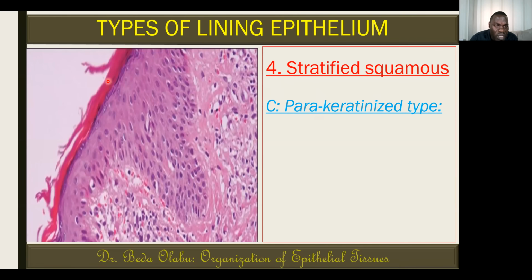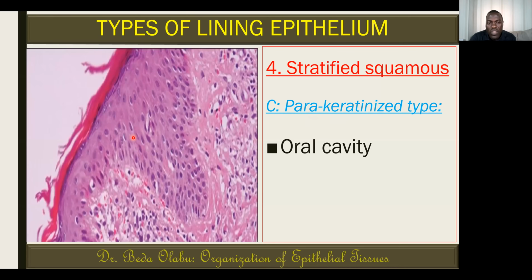This amorphous material here is still keratin. But if you compare the amount of keratin here and the amount that you've seen in the previous slides, you agree with me that this is much less compared to what you've seen in the previous slide. When you have this thin layer of keratin, then we call it parakeratinized epithelium. And this type of epithelium is unique to the oral cavity.